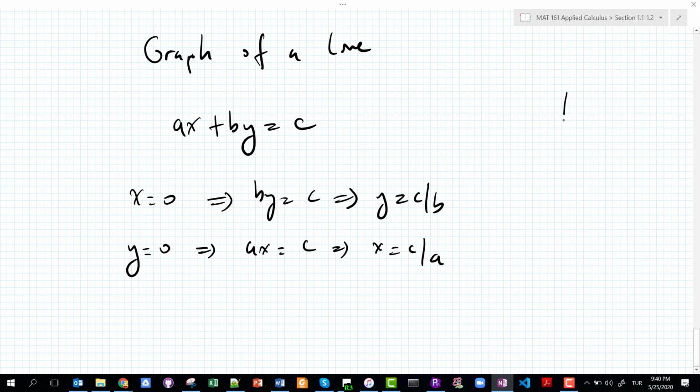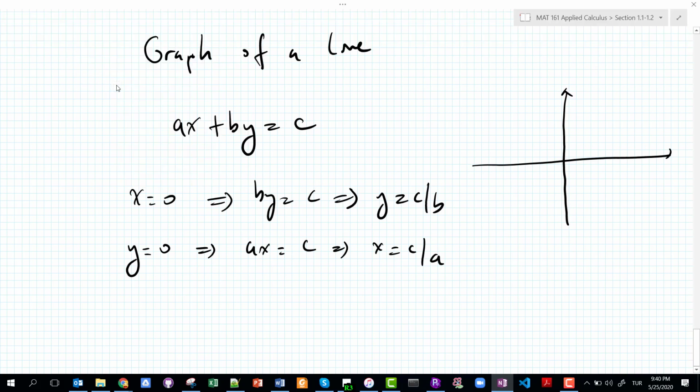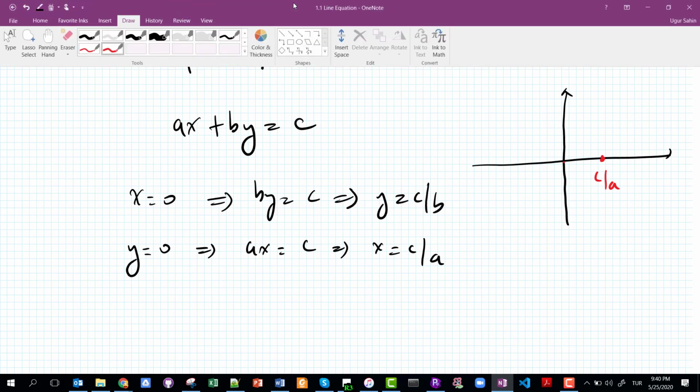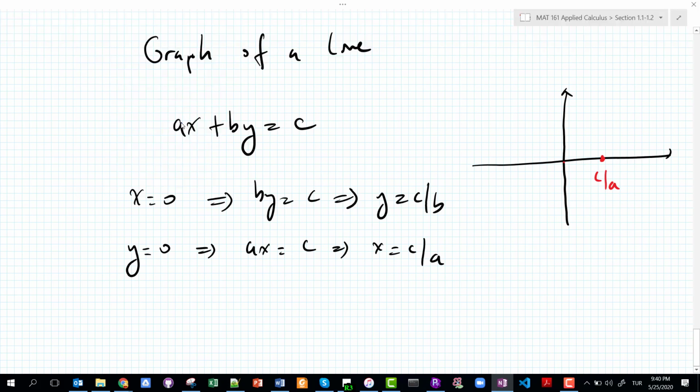After finding these 2 points, I can just mark them on the plane. If y is 0, x is going to be equal to c over a. It is not important exactly where they are; just put those points anywhere on the axes, so we understand what you mean.